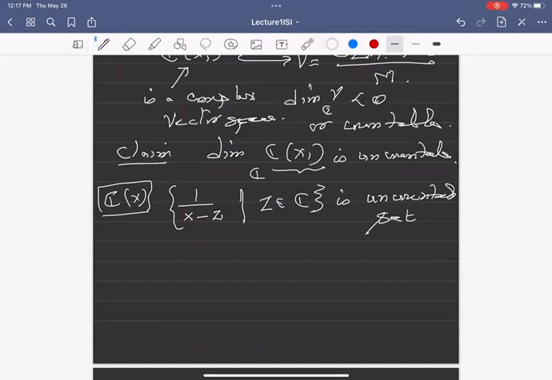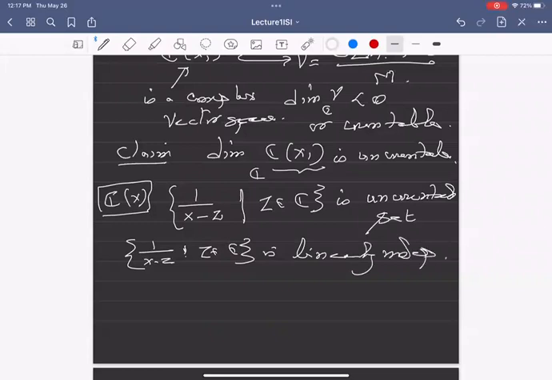Let us show that these functions are linearly independent. 1 over x minus z, this set where z belongs to C, is linearly independent. Otherwise that will be a contradiction.